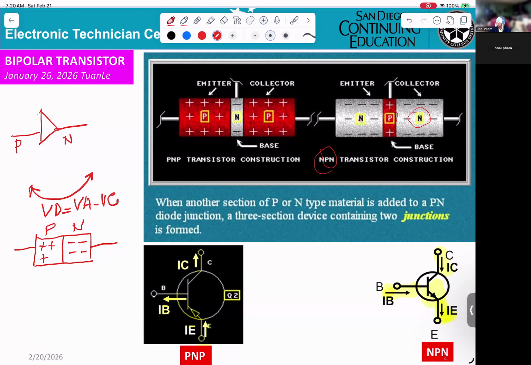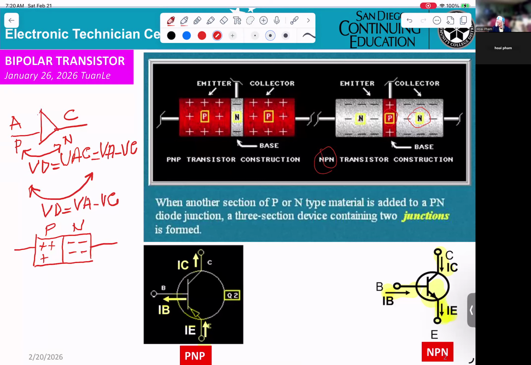It will be point A, and that will be point C. So that's what we call VD equals VAC, VA minus VC.